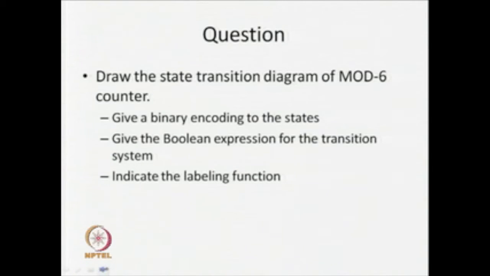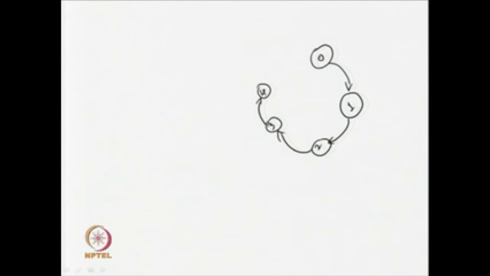So, it will count from 0 to 5, and again reset to 0. That means, I can say that if this is your 0, then I am going to have 1, then 2, then 3, 4, sorry, 5, then again it will go back to 0.